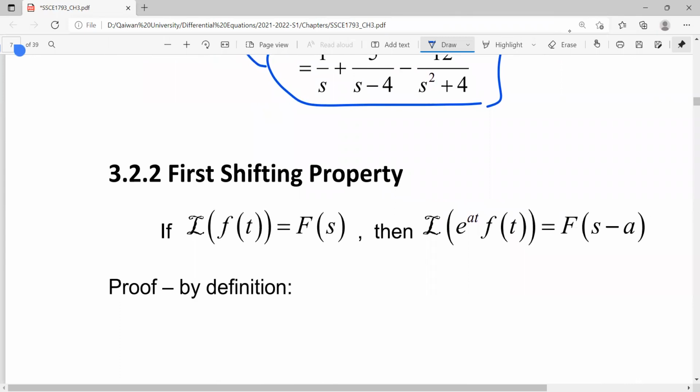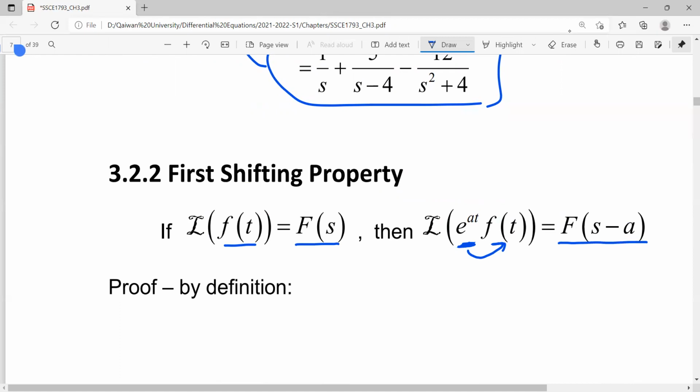And the second property is the first shifting property. We say if the Laplace transform of f of t equals capital F of s, then the Laplace transform of e to the power at multiplied by f of t equals capital F of s minus a.